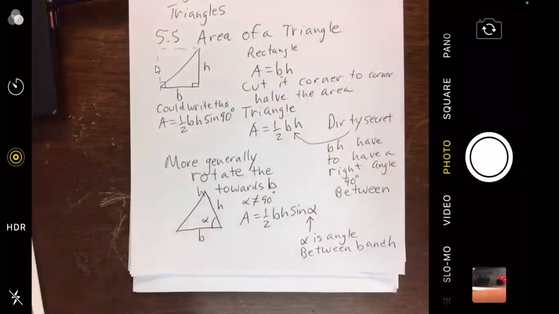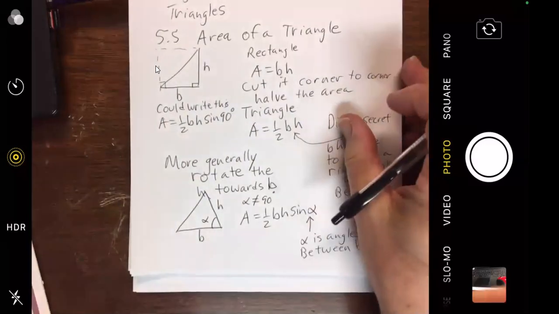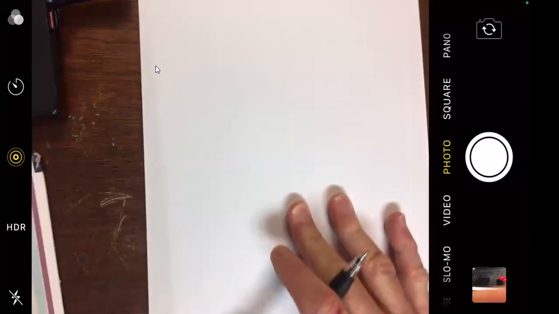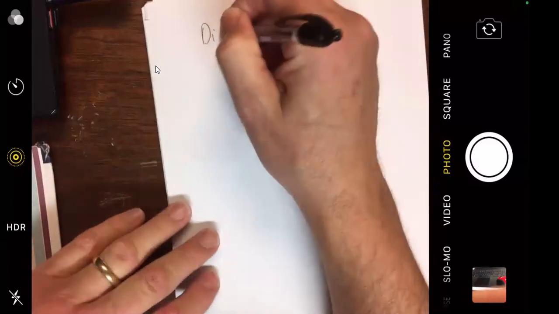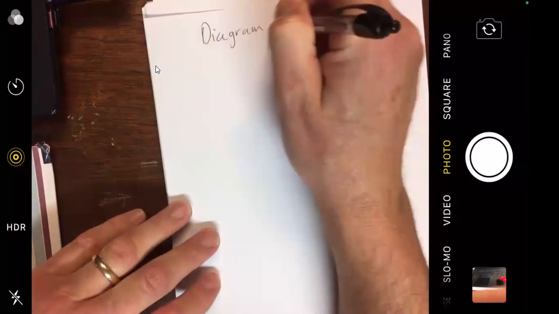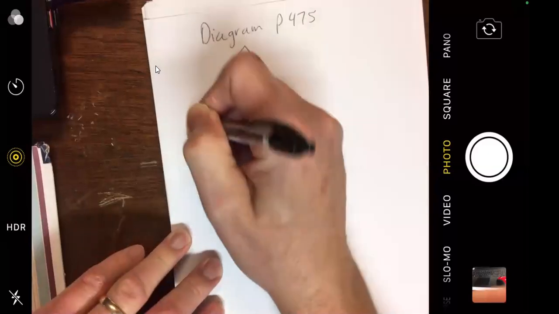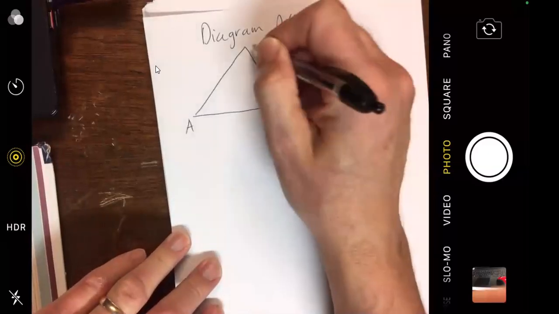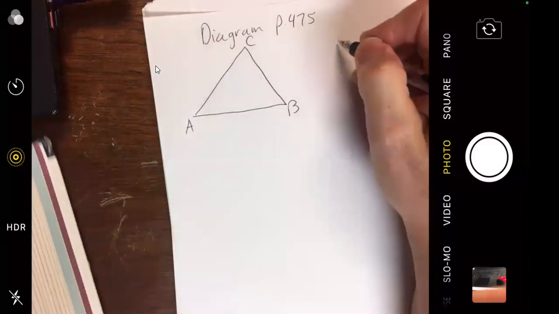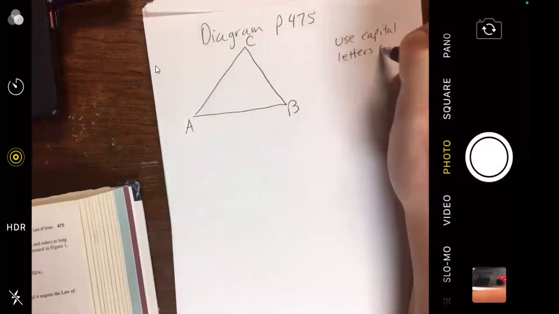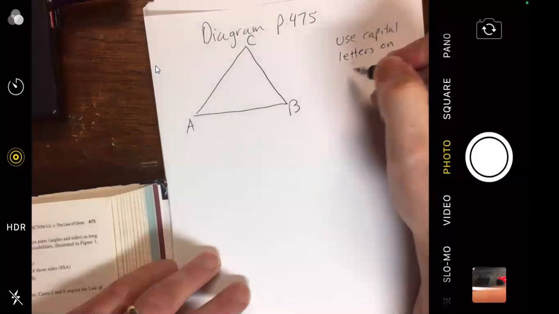The big deal is, I'll use their conventions, trying to keep the confusion out, because I'll probably use the same conventions on the weather sign. Diagram, page 475. This corner A, B, C. They use capital letters. You could call them corners, vertices.